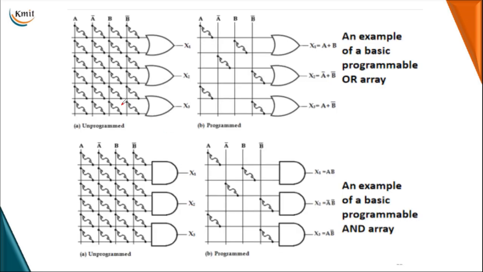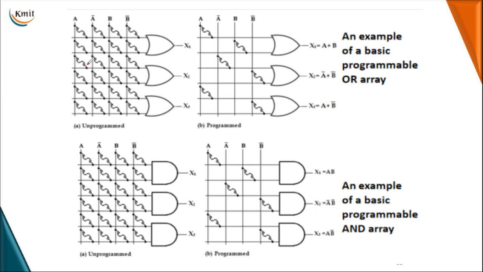Next, let me see here. So this is the unprogrammed OR array, where all the inputs, complemented and uncomplemented, are connected to the input of your OR gate as one of the inputs. The second input is also connected: A bar, B bar are connected with the fusible links. So this is the second gate in this OR array.